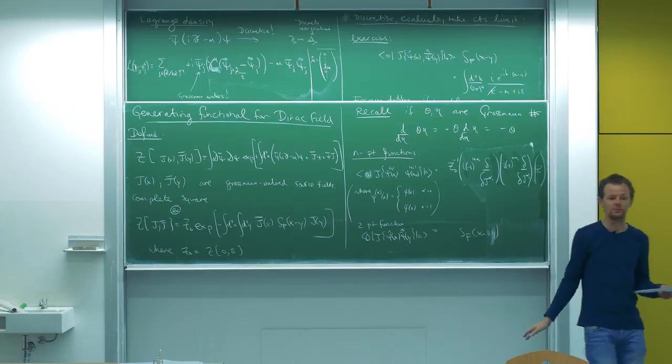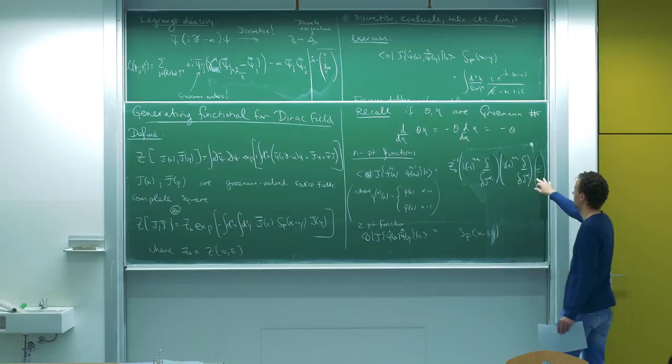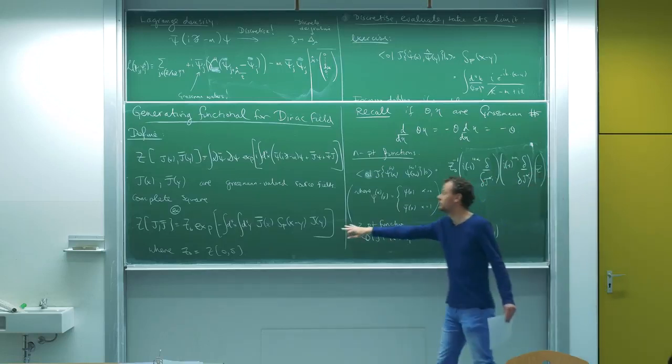And you also have the fermion Wick's theorem for free once you've got this generating functional here.